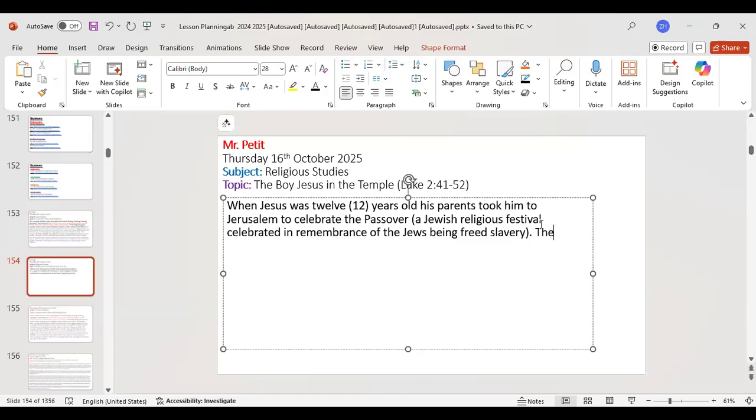The first Passover happened in Egypt when Pharaoh refused to let the Israelites go.